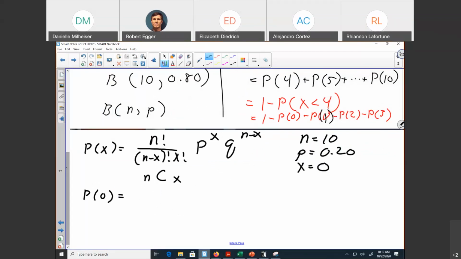Well, plug in the numbers. I'll have 10 factorial over 10 minus 0 factorial, 0 factorial, times 0.20 to the 0, times 0.80, 1 minus p, to the 10.